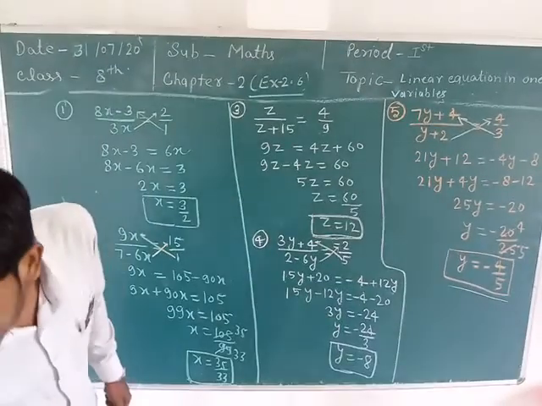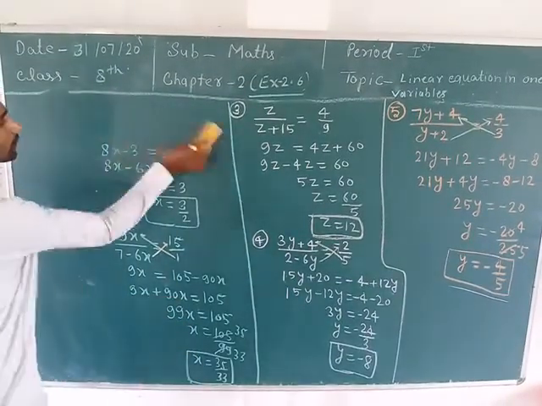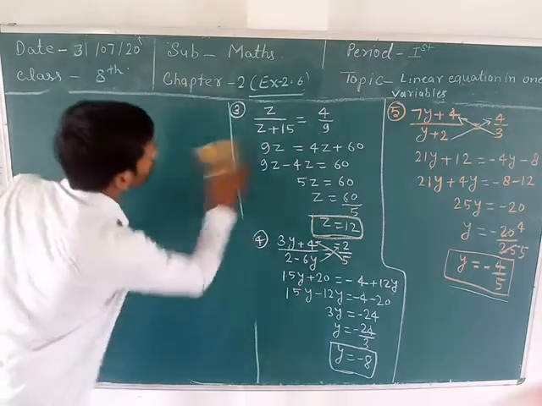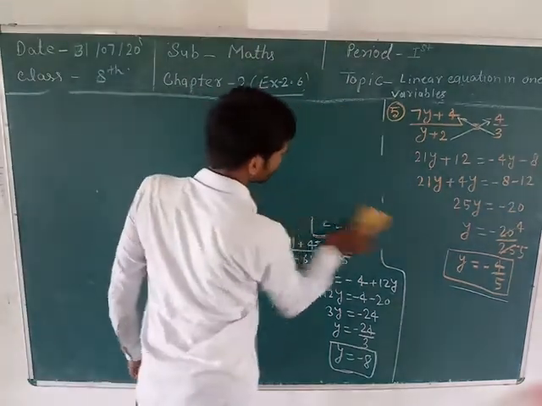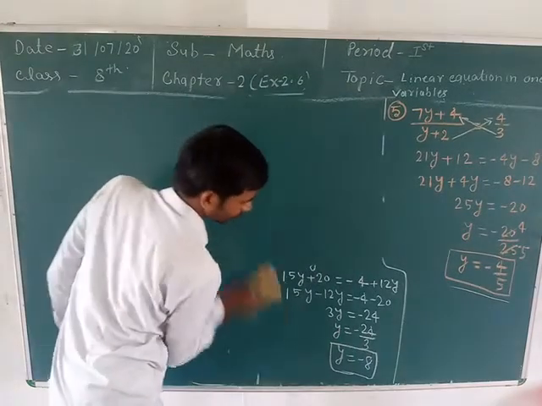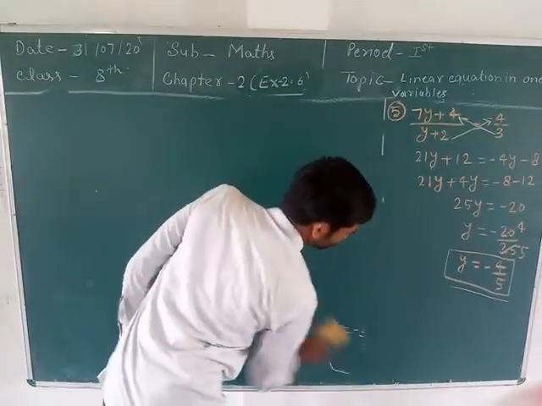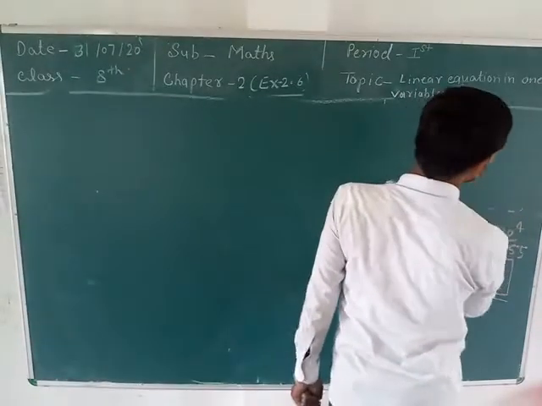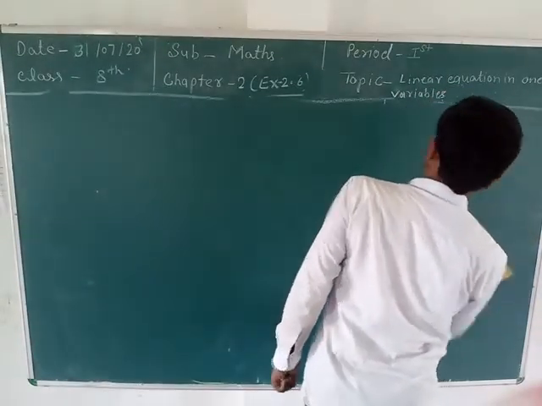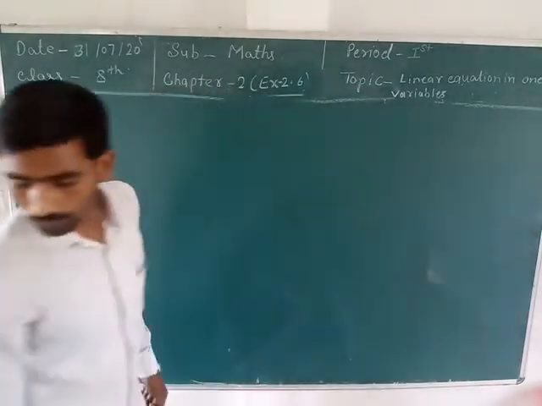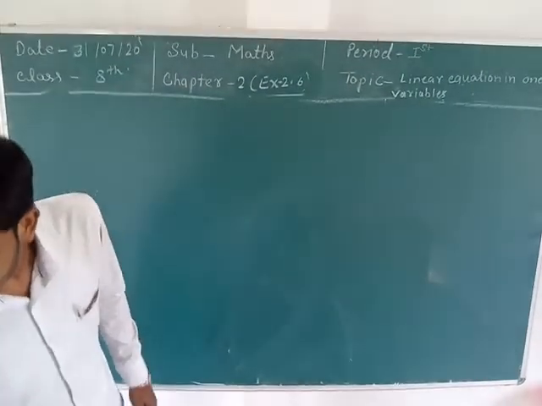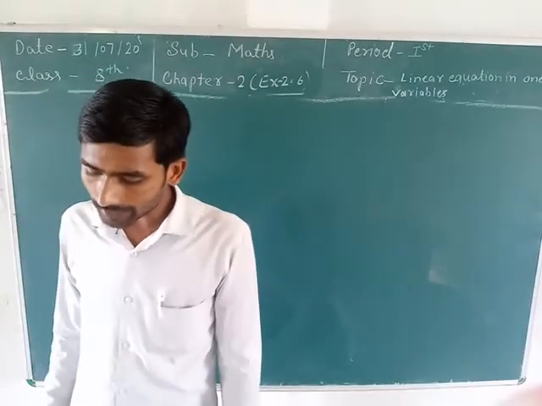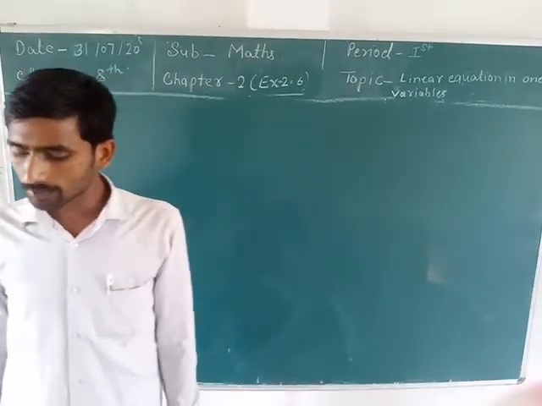And question number 6 is given as: the ages of Hari and Hari are in the ratio 5:7.